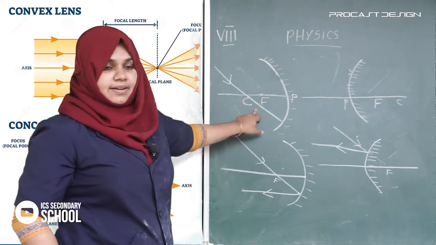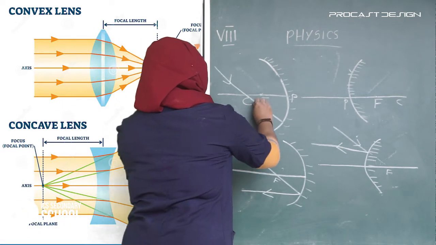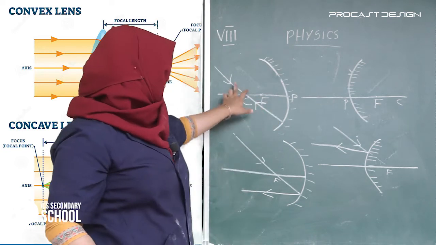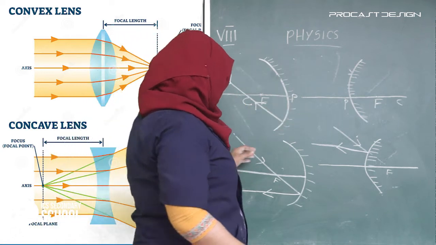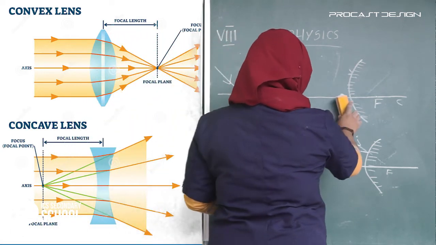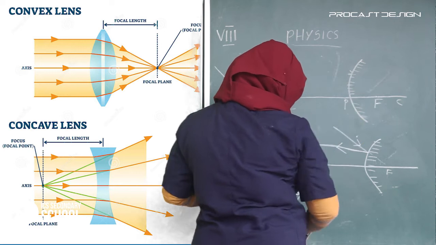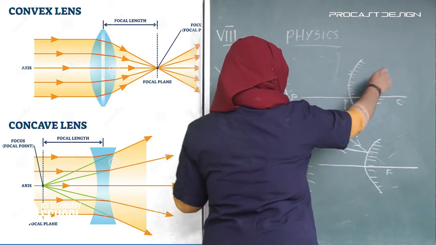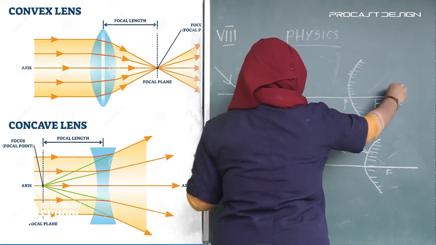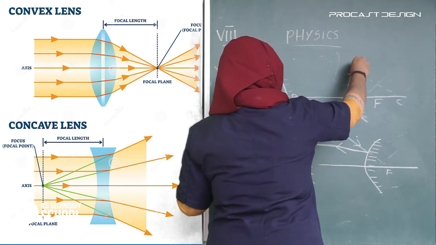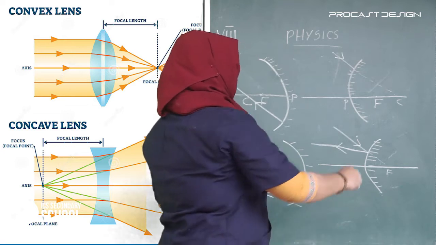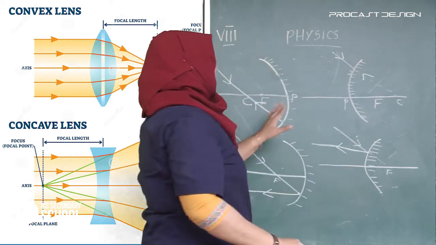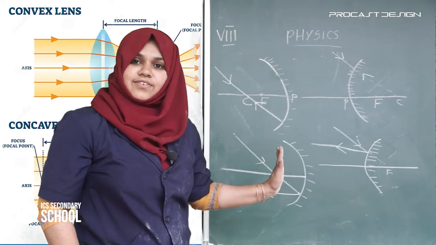This is the center of curvature. Then the reflected ray also goes through the center of curvature. Like that, in the convex mirror also, if the ray of light is incident through the center of curvature, the reflected ray also goes through the center of curvature, same.